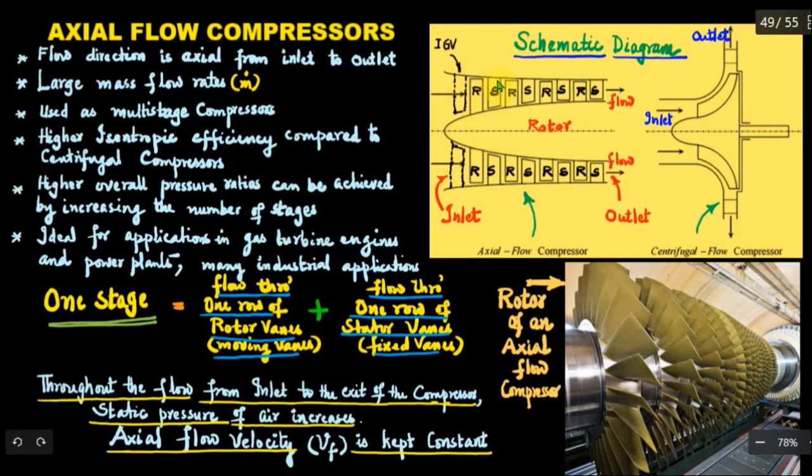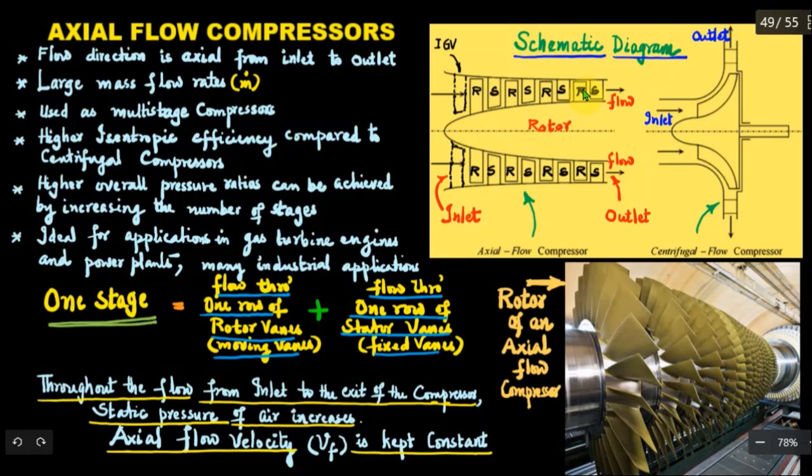Since the casing is stationary, only the rotor part is rotating. So the casing is stationary, and the vanes mounted on the casing are called stator vanes.